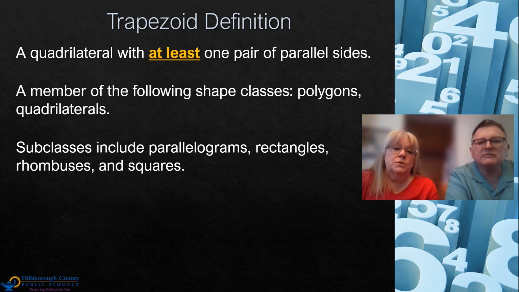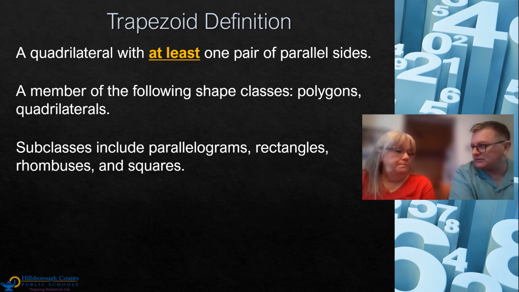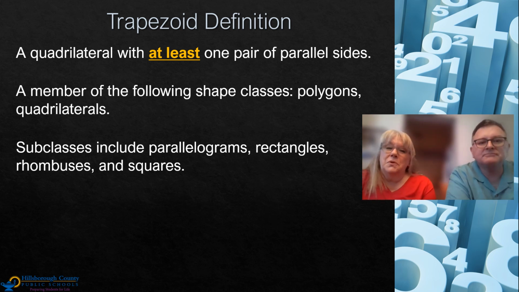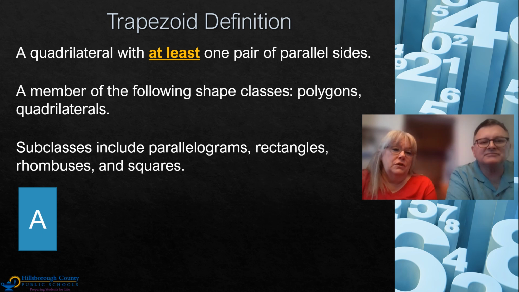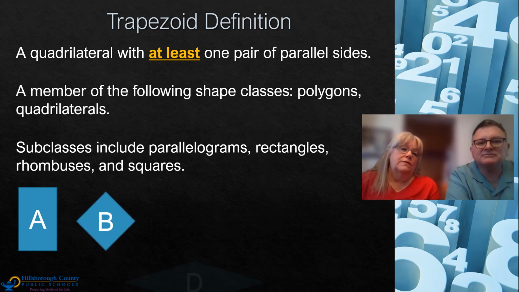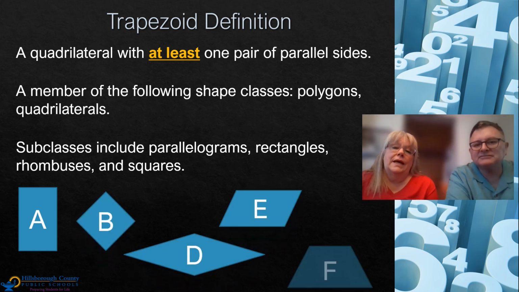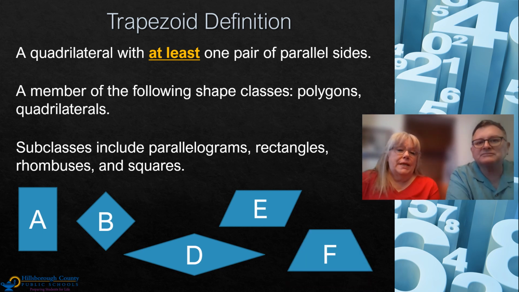We have parallelograms, rectangles, rhombi, and squares, which are now also trapezoids because they have at least one pair of parallel sides. So from your original list of shapes, you should have included all except for one of them. You should have included A, B, D, E, and F. Shapes A, B, D, and E have two pairs of parallel sides. Shape F has exactly one pair of parallel sides. But they all have at least one pair. Correct.